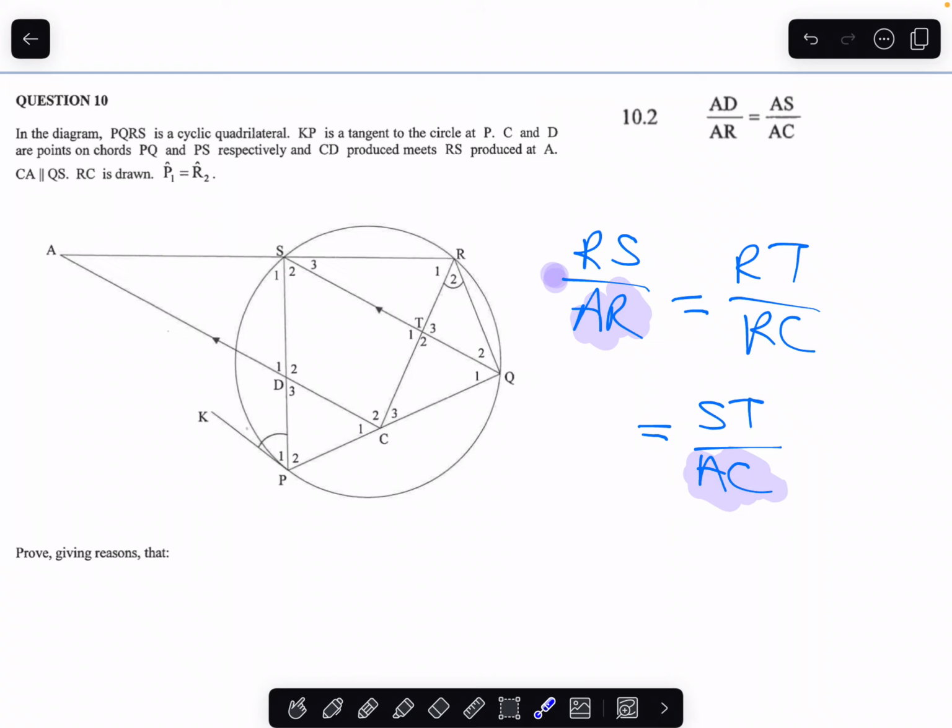So if we can show that AD and AS have some sort of relationship with RS and ST, that would be great. RS, AD, and then RT and AS. RS, AD, RT, and AS.